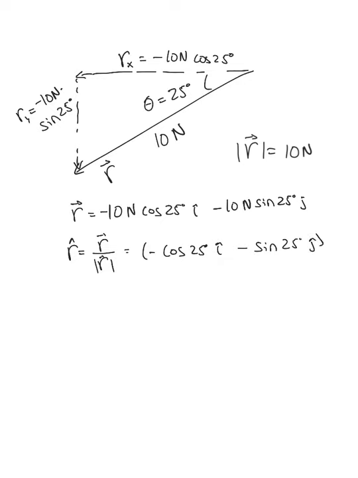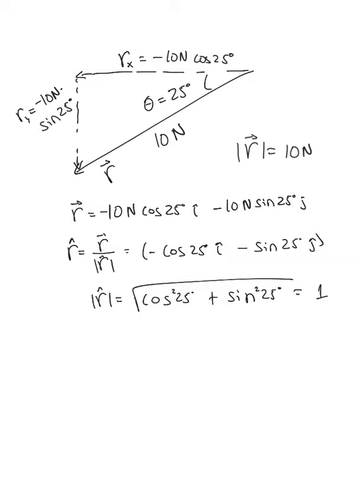And as we have seen before, if I take the magnitude of this vector for any theta, it will be the square root of cosine of 25 degrees squared plus the sine of 25 degrees squared. And it's a trig definition that that is equal to 1.